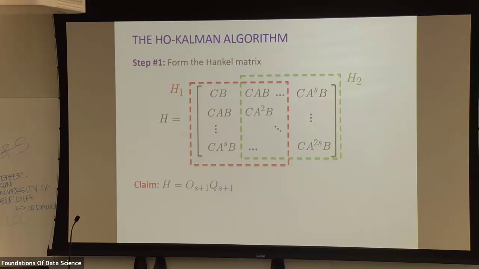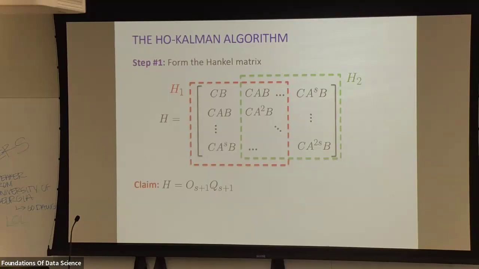That's fine. Okay, so for right now, we'll just take them for granted, but let's give the first hint about why this makes any sense. See, I told you the two key matrices we care about are these observability and controllability matrices. O is this matrix C, CA, CA squared, and so on. Q is this matrix B, AB, A squared B, and so on.